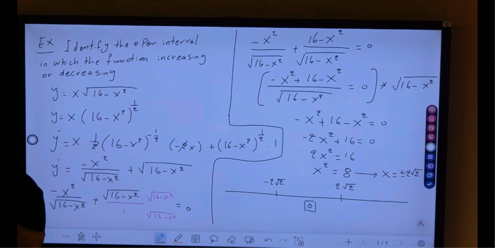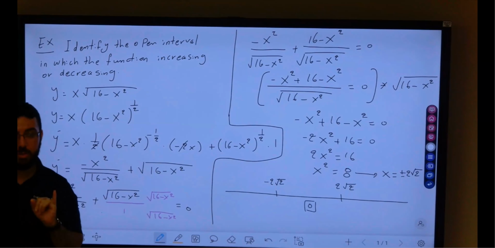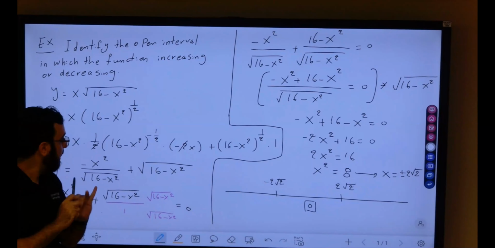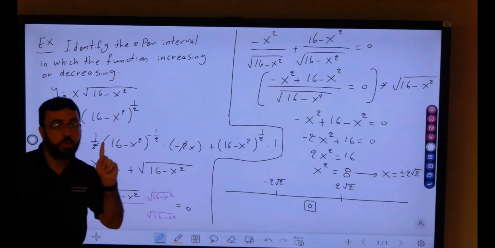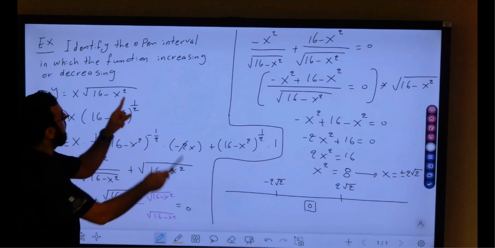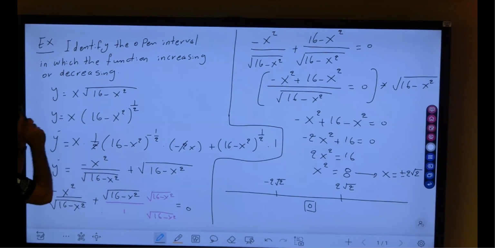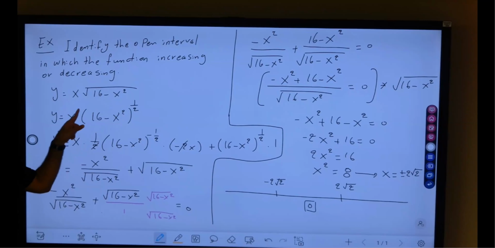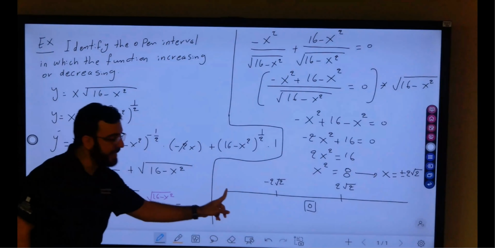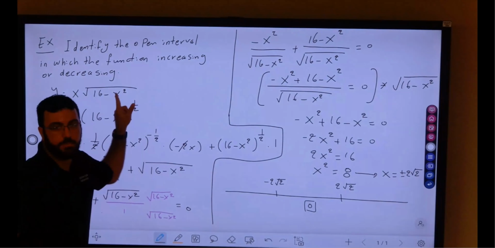So always be careful with the domain. Remember I told you the critical numbers come from the first derivative test, we found the critical numbers, but you have to check the domain. For this function, I can choose all numbers, but if you choose negative 4 and 4, you're going to get 0 in the denominator, so they are critical numbers because they make the function undefined.